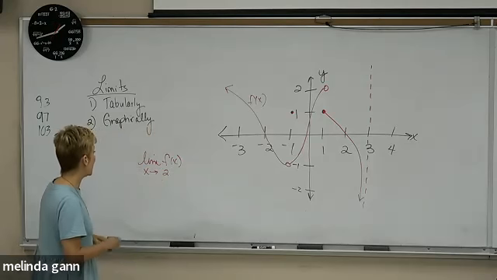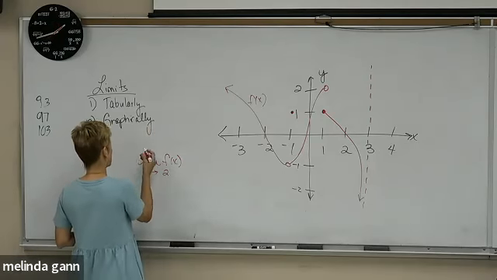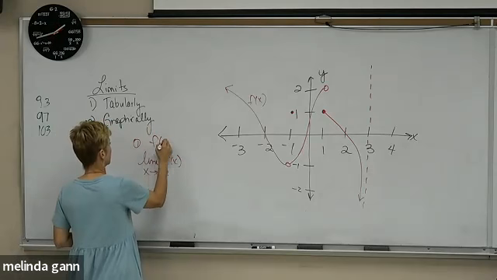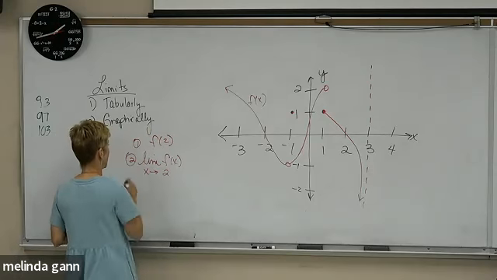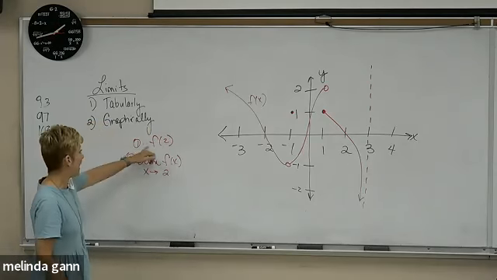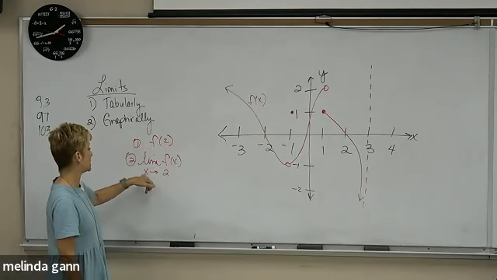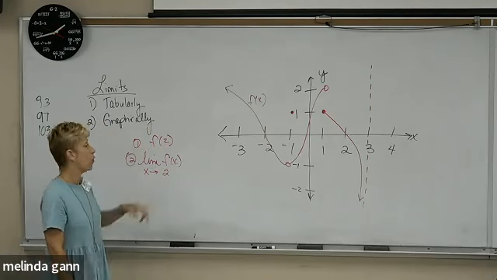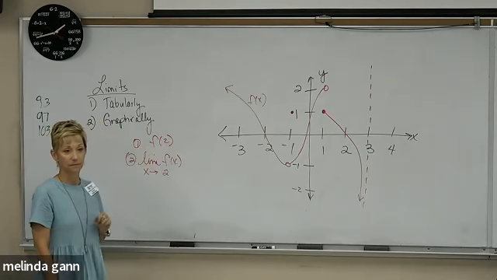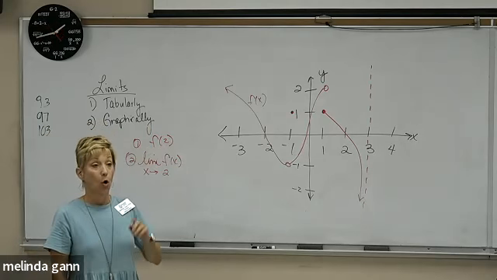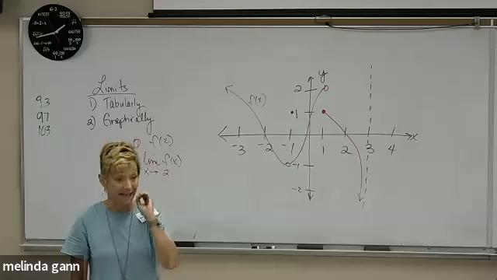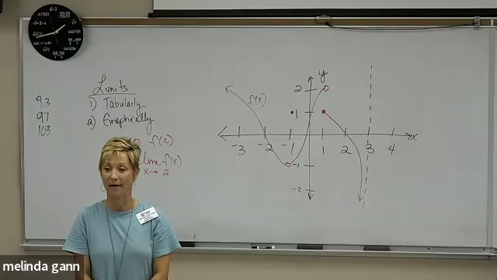Now, the other thing I need to make sure you understand is the difference between these two things: f at 2 and the limit of f of x as x approaches 2. What does f at 2 mean? When x is exactly 2, what is your y value?